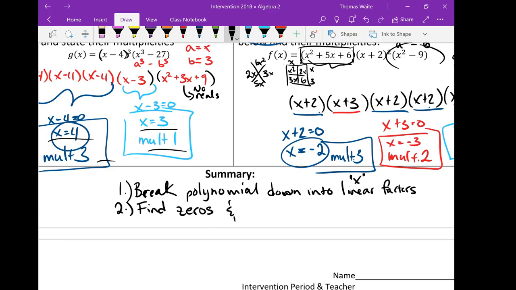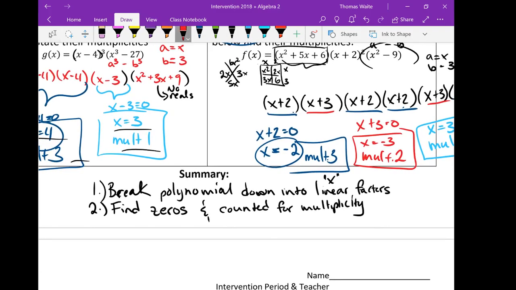Then we found our zeros and counted for multiplicity. The way we break our polynomial down is by factoring. We had a bunch of different methods. We had to choose ones that made sense for our problem, but once we chose them, we just applied them, and we got a bunch of linear factors. We found our zeros, like solving that x plus whatever equals 0 equation, figure out what x is equal to, that would be a zero, and then counted how many overall.